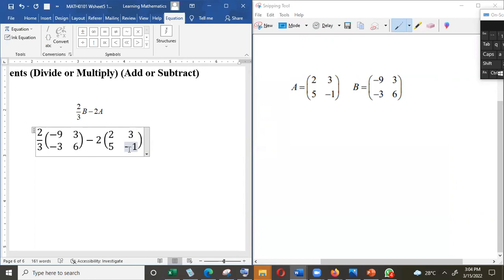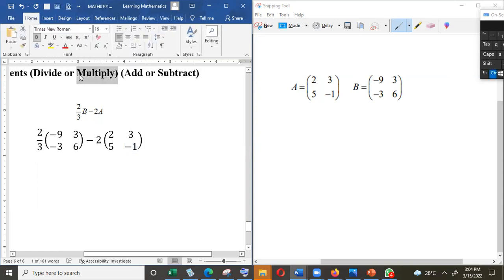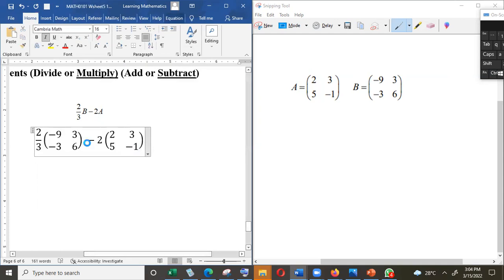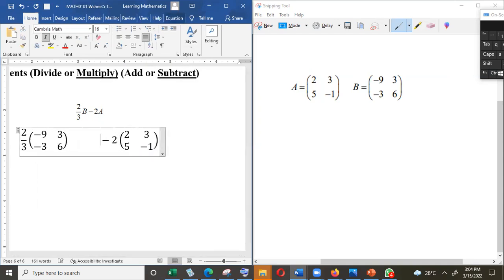All right. Remember, we have to multiply before we subtract, because here is multiplication and subtraction we're dealing with for this example. So we must multiply before we subtract. Okay. If you want to separate, these are two situations.